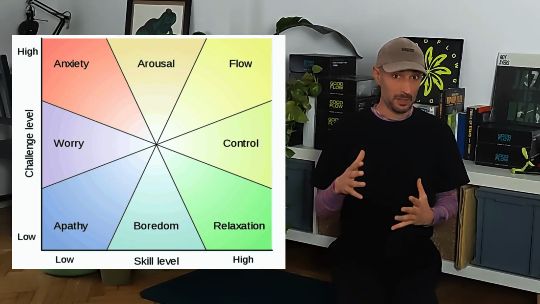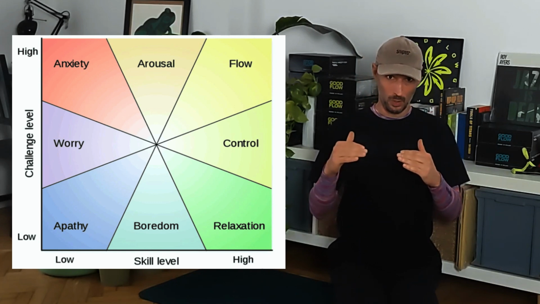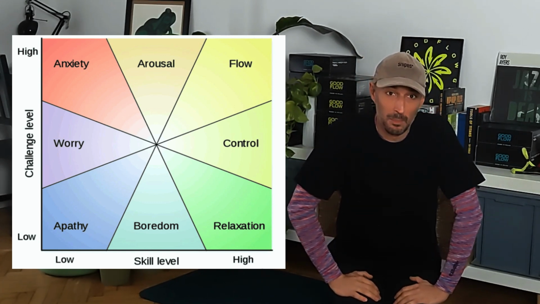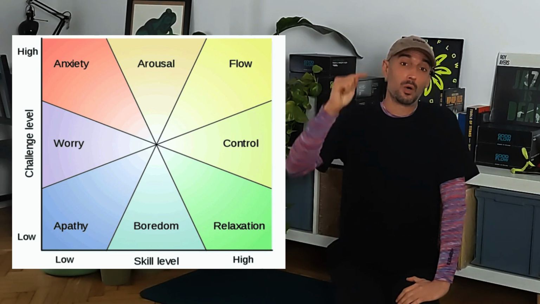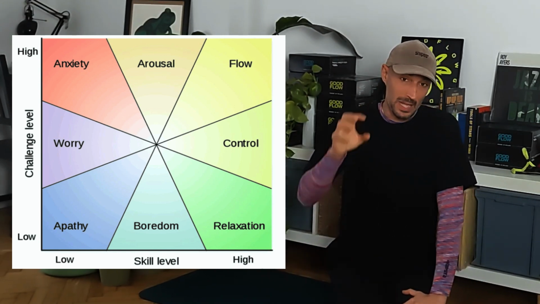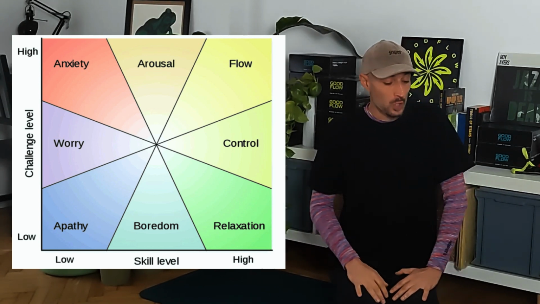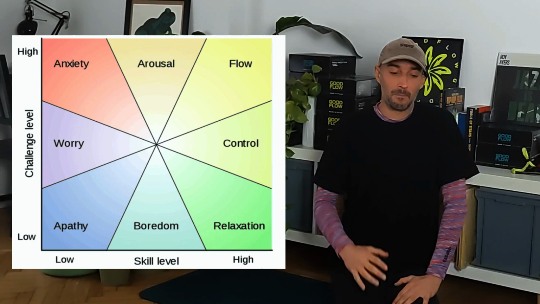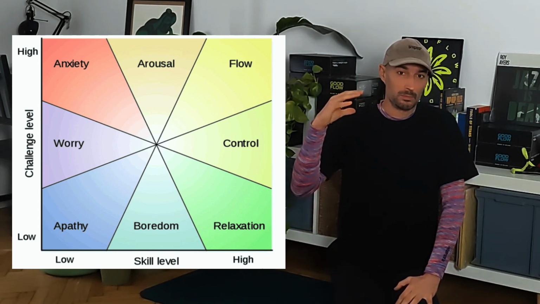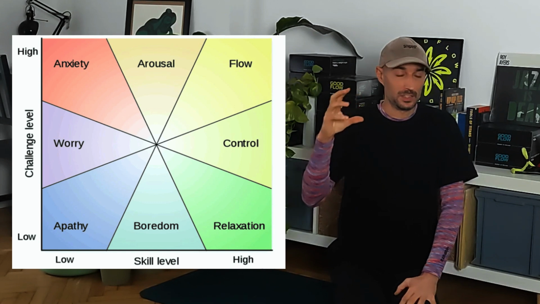Things are a little bit different if we go back to zero on the skill level bar and we start to go up with the challenge. At the beginning we felt apathy, and now we start feeling some worry, because the challenge is getting higher, but we don't have the skill to face this challenge.